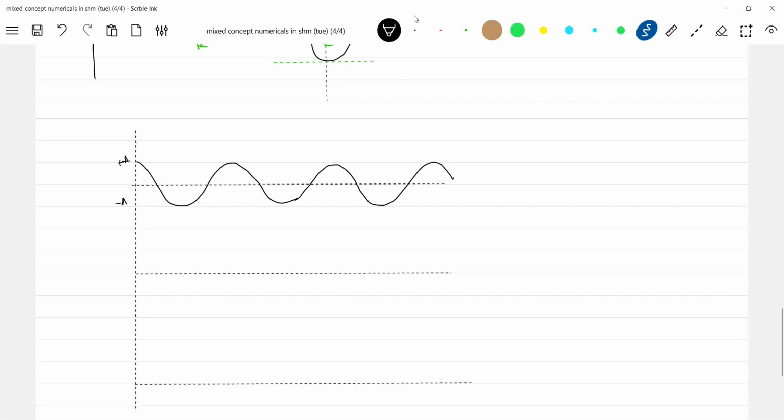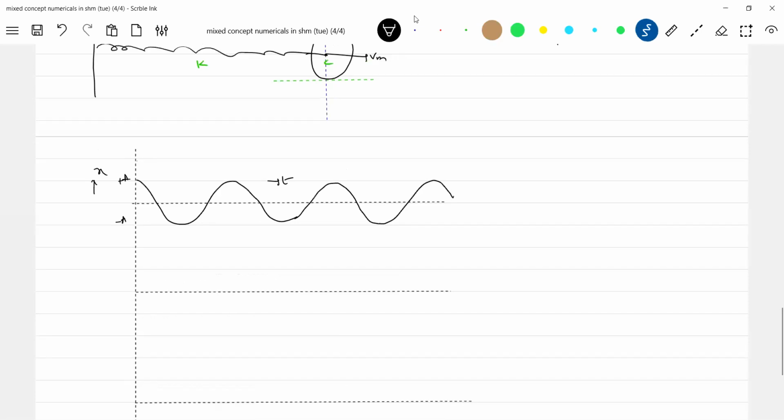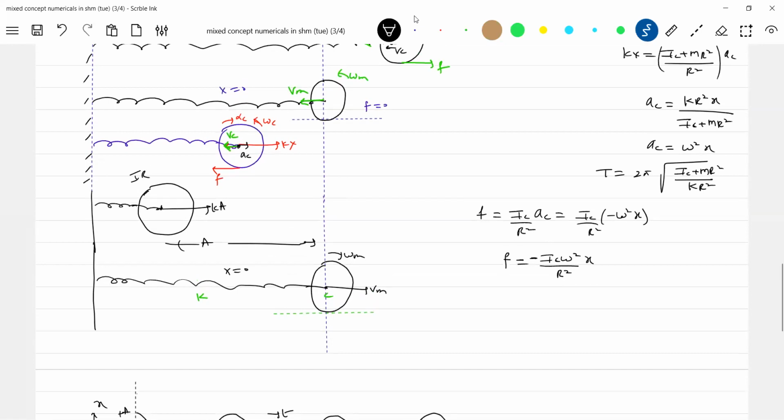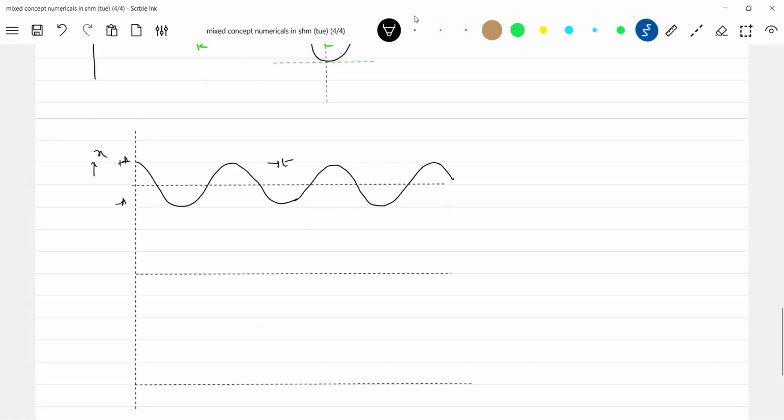This is plus A, minus A. This is x, this is t. We know acceleration is proportional to the negative of displacement, so minus of cos will come. Minus of cos will start from here.